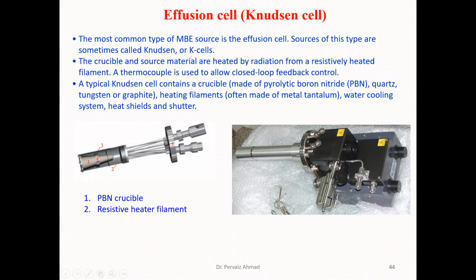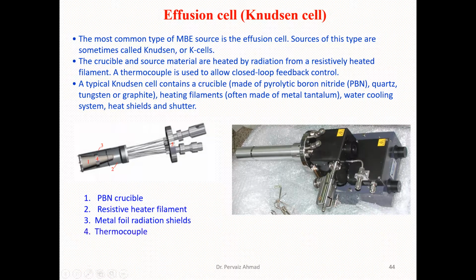Then number three, we have the metal foil around these structures. This is the metal foil radiation shield, denoted by 3, and it is basically used as a heat shield and as a shutter.